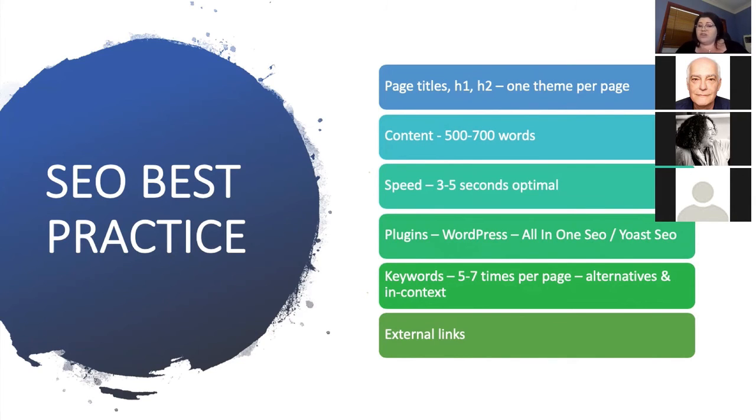Yoast SEO is a fantastic plugin that gives you a traffic light system to tell you what you're doing right and what you're doing wrong. So if you follow the instructions through Yoast, you'll actually be able to improve your SEO. With keywords, you don't want to overpack it. You can generally use it 5 to 7 times throughout the page.